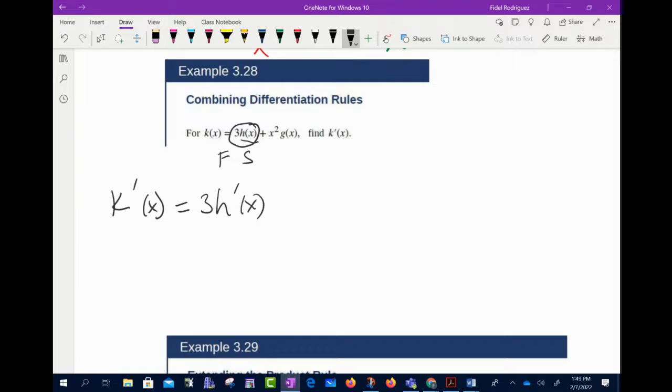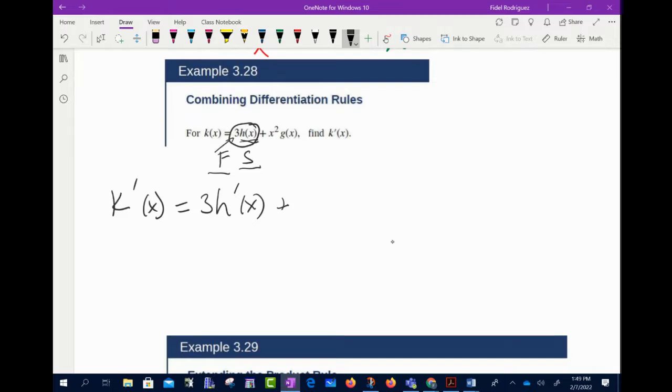You know what I mean? Like we don't have a specific value, but if we're taking the derivative, we say we're going to take the first one times the derivative of the second. You see what I mean? Yeah, I'm just breaking it up into two little pieces, right? Plus, now look, we already took the derivative of the second one, so we got to take the derivative of the first function.